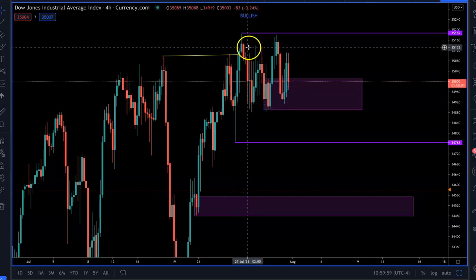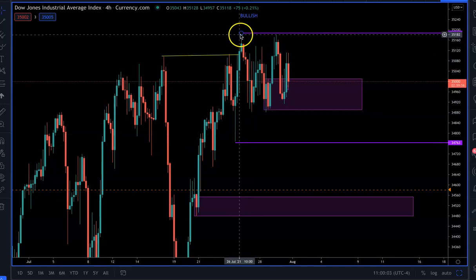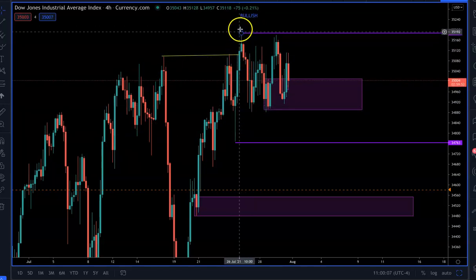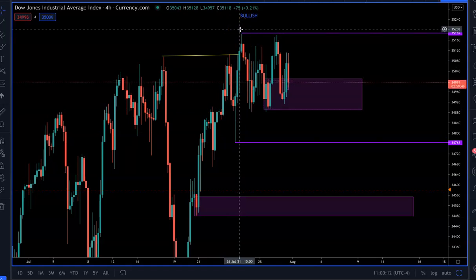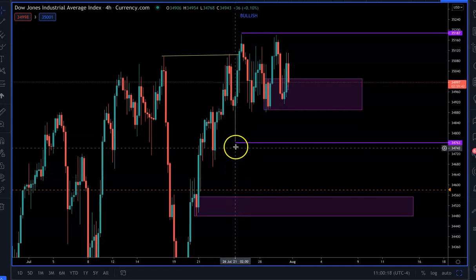So this is my new range, the bottom of the wick here to the top here. This is my new range, and it's now bullish. So I'm only looking for bullish setups until this low gets broken to the downside.